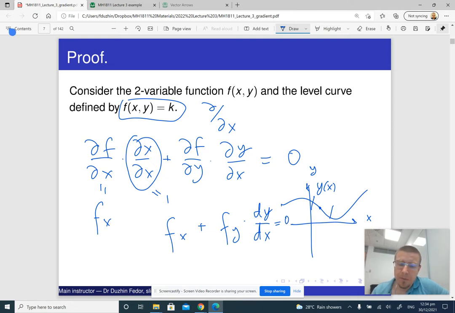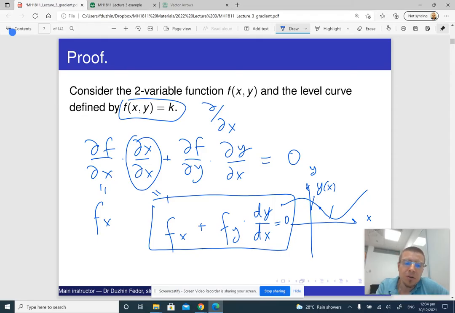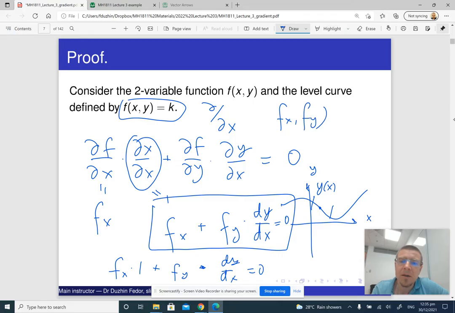Okay, so here is the equation that I've just derived. And notice that you can write it like this: fx times 1 plus fy times dy/dx is 0. In other words, it tells us that the dot product of the vector (fx, fy) with the vector whose first entry is 1 and the second entry is dy/dx is 0.